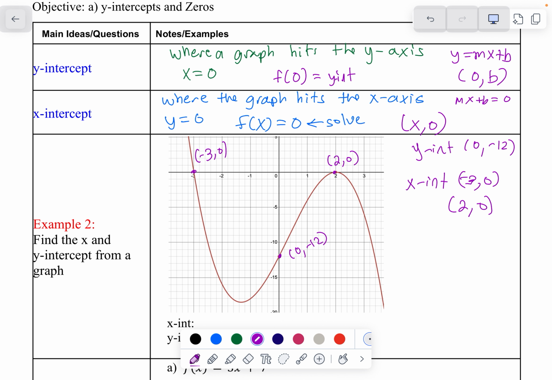This is a function, so it has only one y-intercept. It can never have more than that. But in this case it does have two x-intercepts, one at negative 3 and one at 2. So for x-intercepts, look for where you hit the x-axis. For y-intercepts, look for the y-axis.